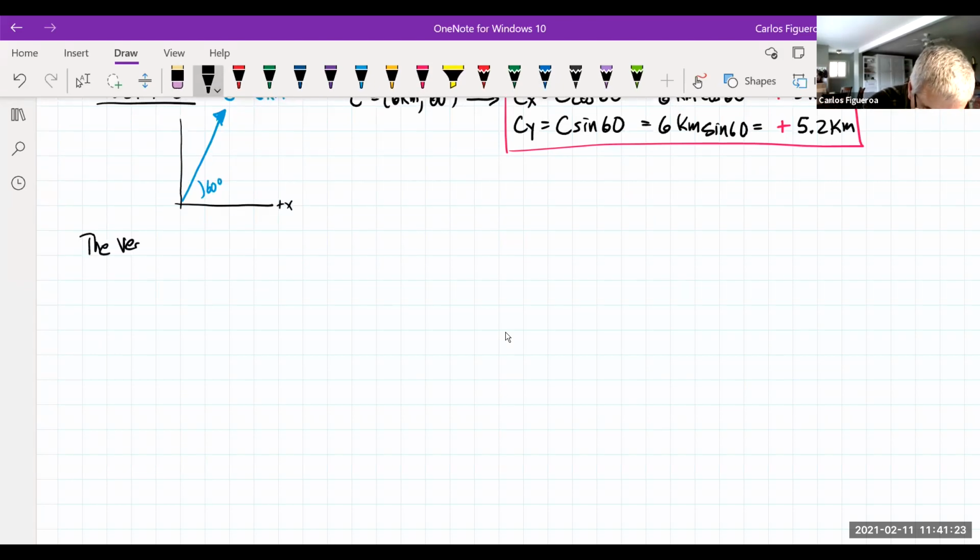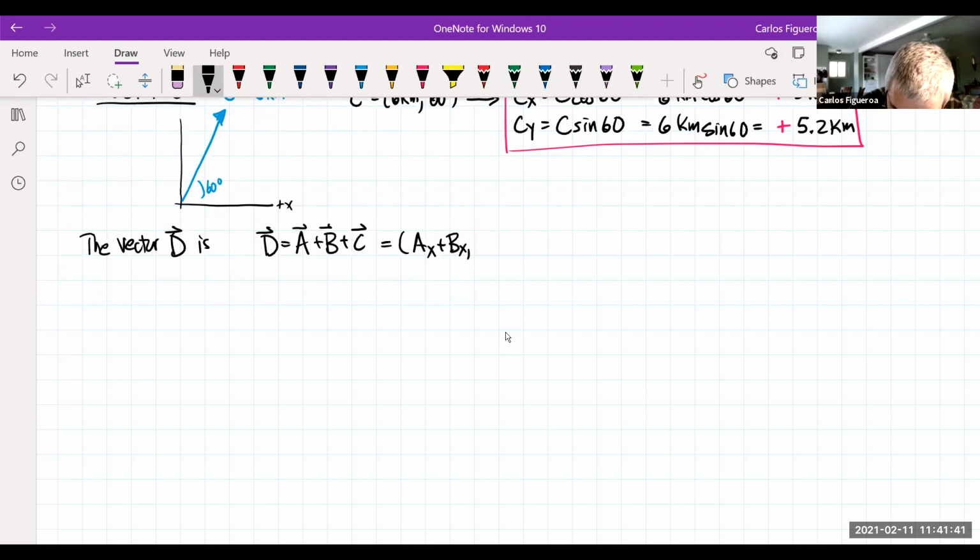Vector D is this now. I know that D is of course A plus B plus C. And we know that this should be Ax, Bx, Cx, and then of course these other components.